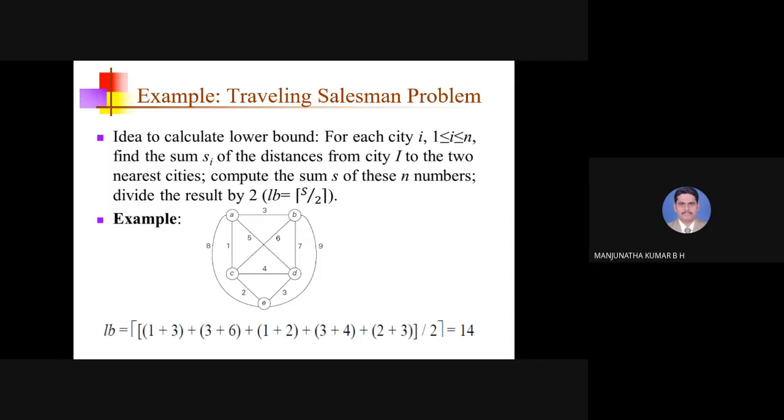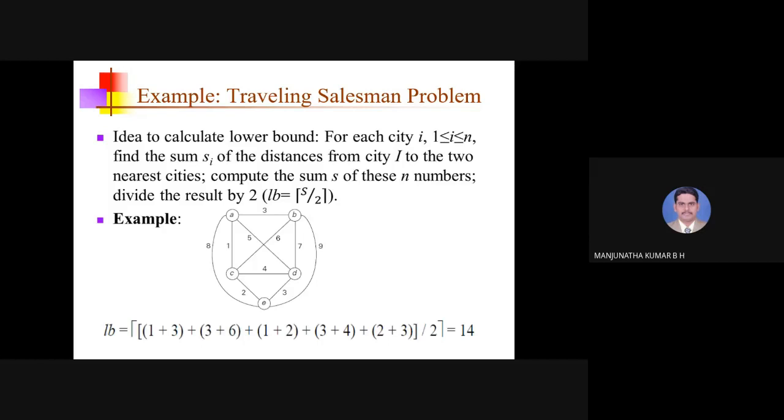Now let me explain how the lower bound value is calculated for the root node. Very importantly, please observe clearly the slide I am showing now. The lower bound is equal to, you can observe here I have two symbols which represent the ceiling. Ceiling means once you divide the number, you consider the result as the nearest integer.